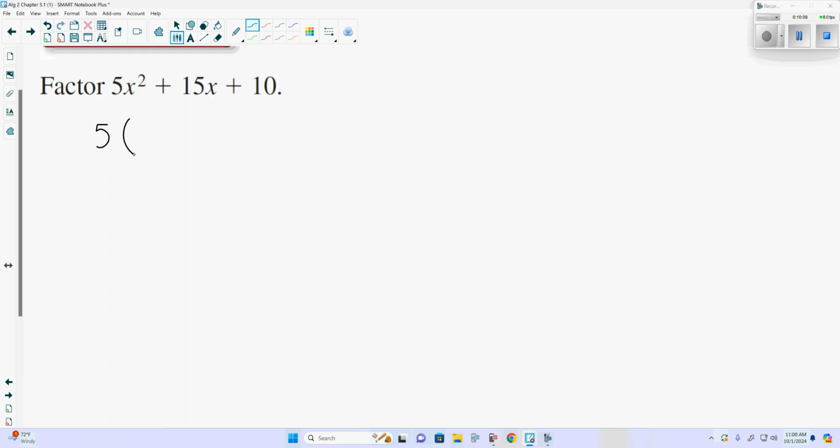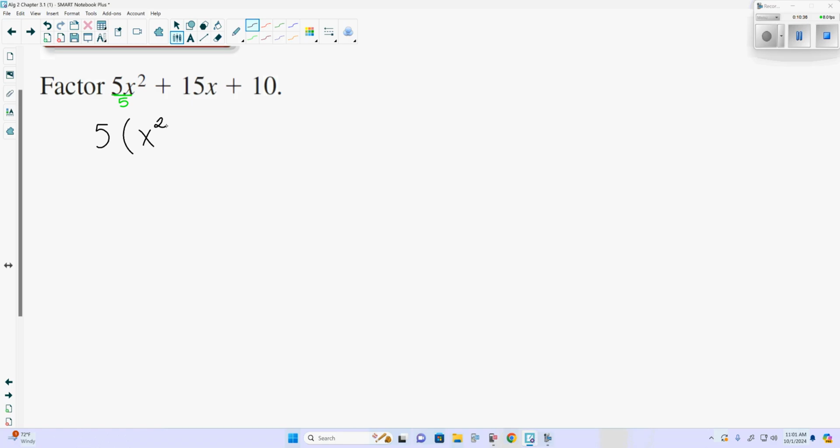And when we factor a 5 out, or factoring a term out, really we're dividing each term in the expression by that amount. So really what we're doing is dividing each term by 5. If we divide 5x squared by 5, the 5 divided by 5 becomes 1x squared, or just x squared.